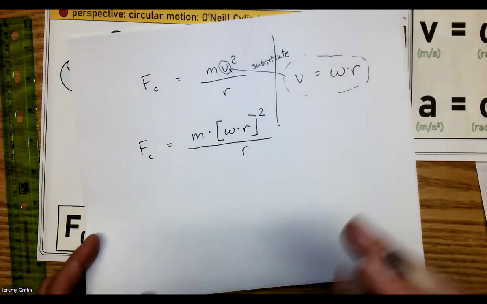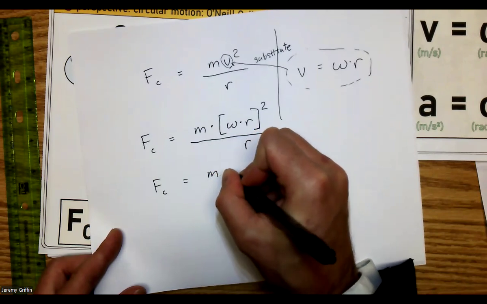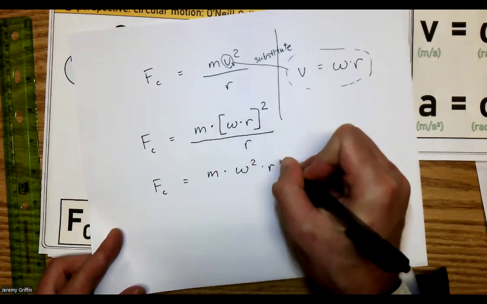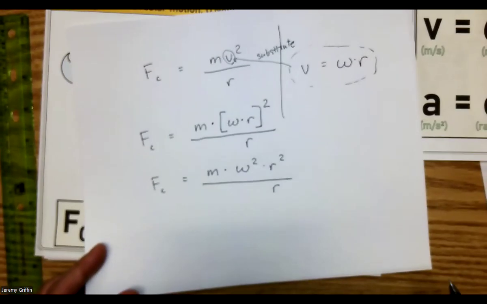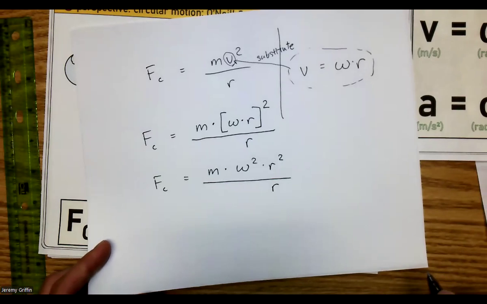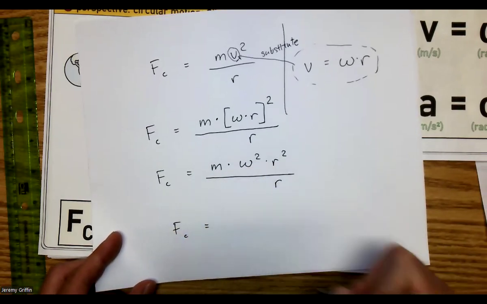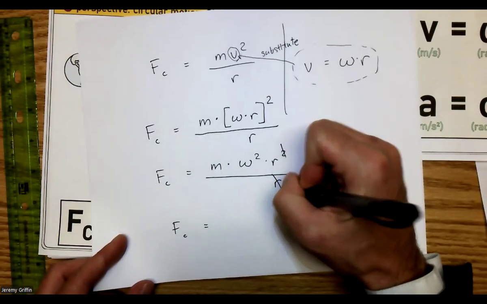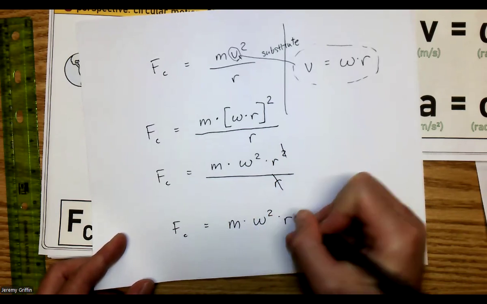I can clean that up a little bit. I got m for mass, omega squared, r squared, and it's all divided by r. One more step. What's my very last step? One of the r's cancels. You got the m, you got the omega squared, you got the r.